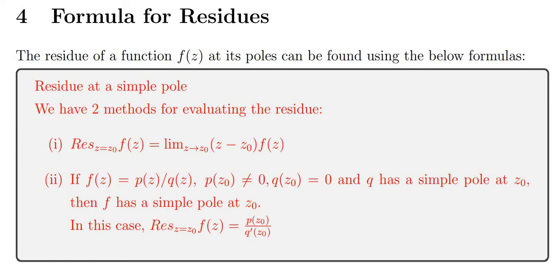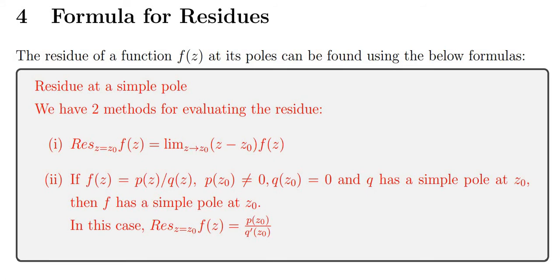For a simple pole, we have two methods for evaluating the residue. If z0 is a simple pole of f(z), the residue at z = z0 of f(z) is equal to the limit as z tends to z0 of (z − z0) times f(z).